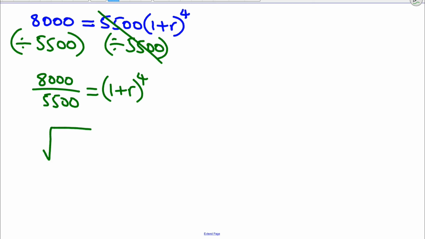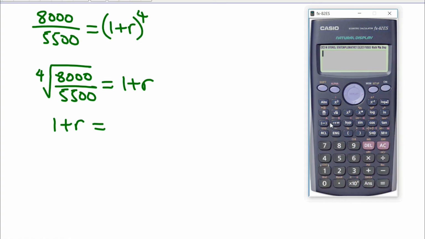So what we'll end up with is a fourth root of 8,000 over 5,500 is equal to 1 plus R. We have fourth root. If you press Shift and this button, you'll get that function in your calculator which can calculate the fourth root of whatever number that we have.